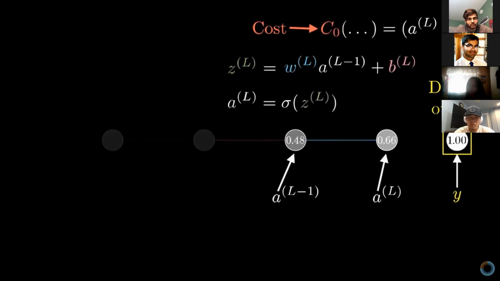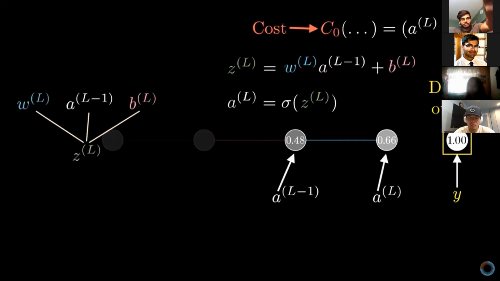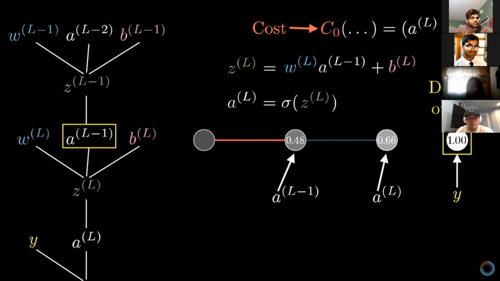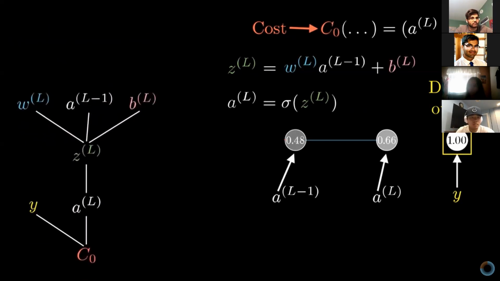So this is a lot of terms, and a way that you might conceptualize it is that the weight, the previous activation, and the bias all together are used to compute z, which in turn lets us compute a, which finally, along with the constant y, lets us compute the cost. And of course, a^(L-1) is influenced by its own weight and bias and such. But we're not going to focus on that right now. Now, all of these are just numbers, right?